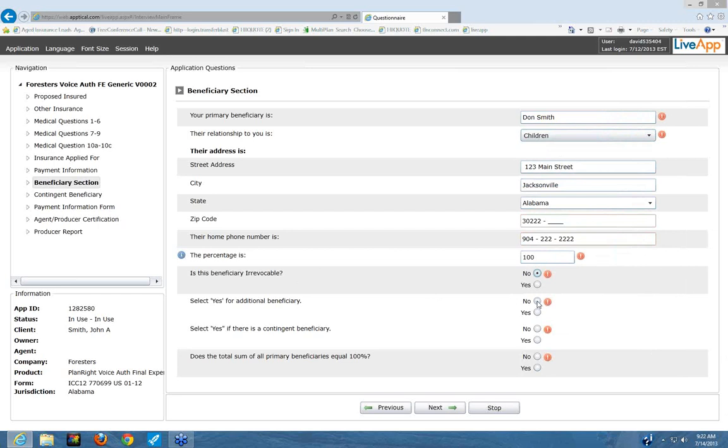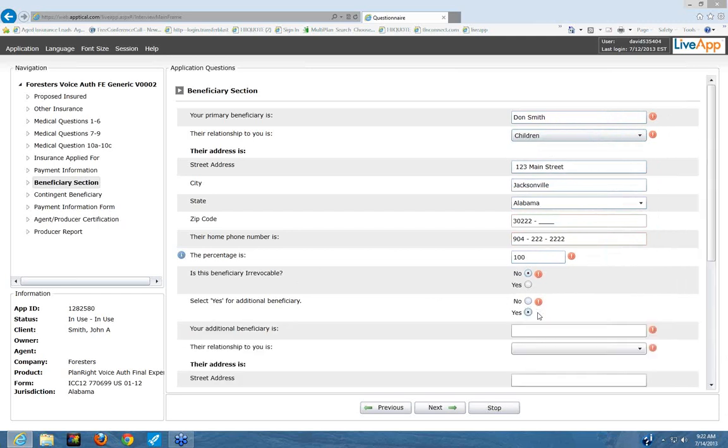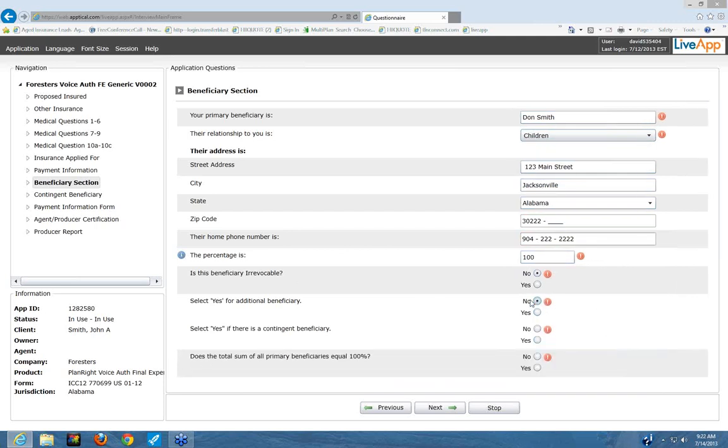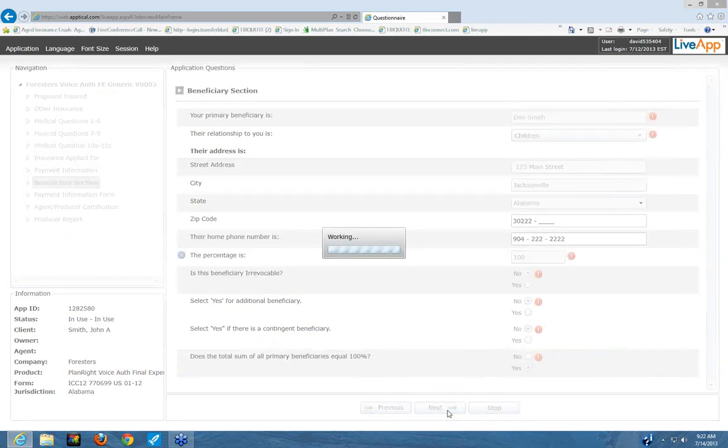Additional beneficiary: if you put yes here, it'll open up another window for a beneficiary. But again, just too easy, I'm putting no. Contingent: this is where you put the contingent, but I'm not doing that. Does the total sum of all primary beneficiaries equal 100%? It always has to, so you've got to put yes there. Go on to the next page.